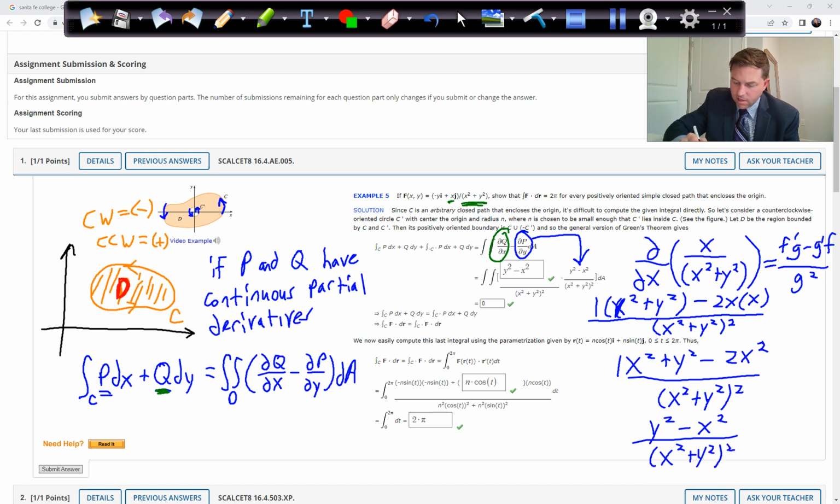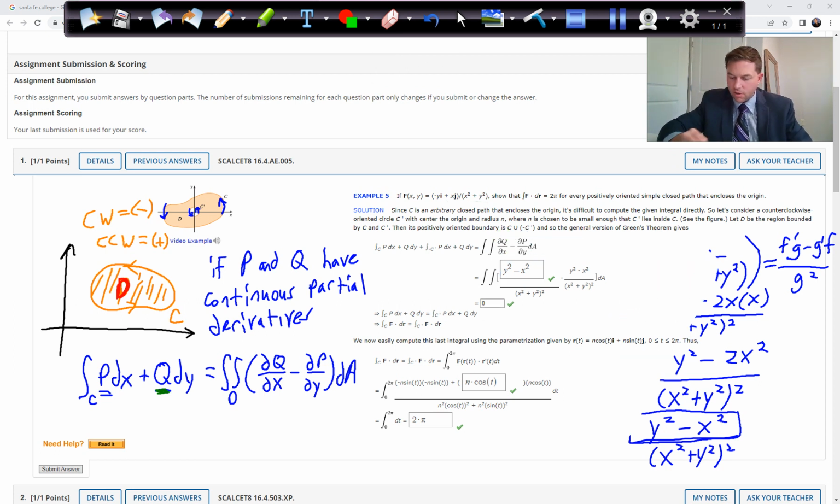And I believe, yes, we just have to type this into the box. So they just want the numerator of that partial derivative, and we've got it there. Okay, then, so that's half of the work.